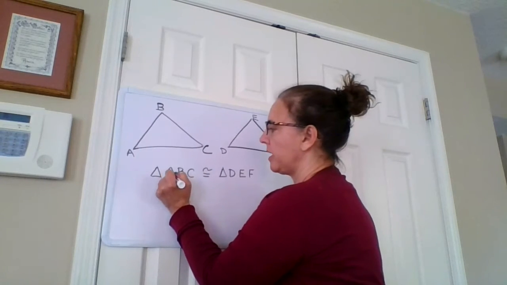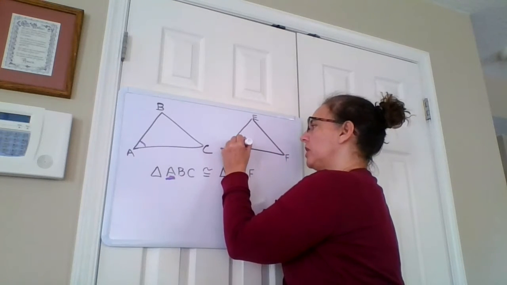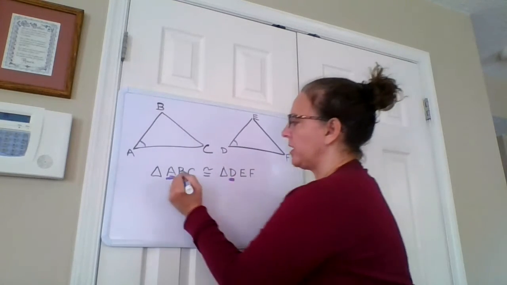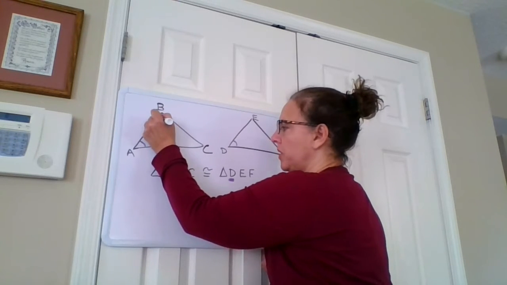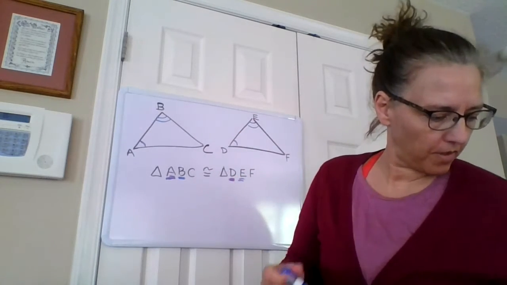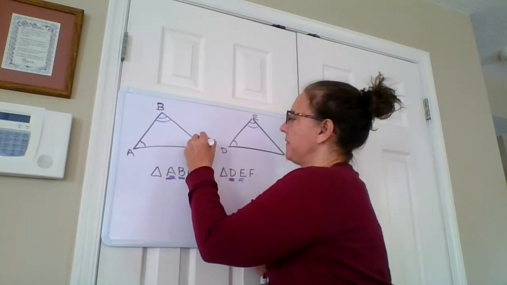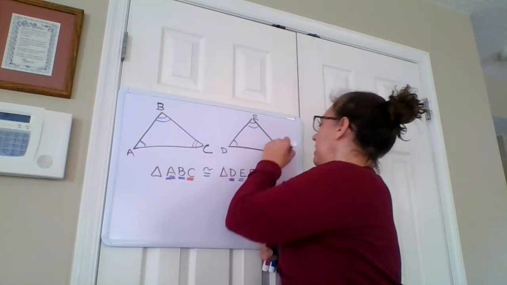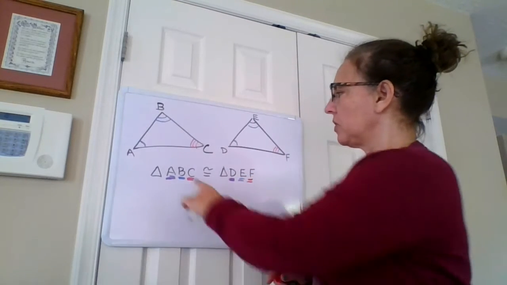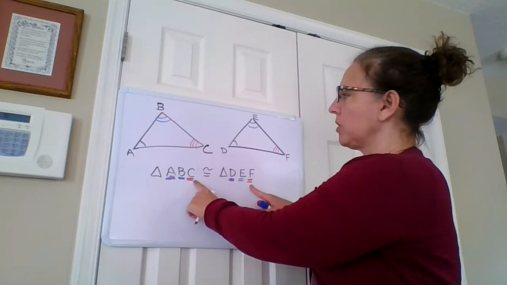Order matters. What we're saying is angle A, the first letter here, is congruent to angle D. Same way, second letter, angle B is congruent, or the same as angle E. And my third one will be angle C. The third letter here is the same as angle F. So A, the first one goes with the first one, the second one goes with the second one, and the third one goes with the third one.